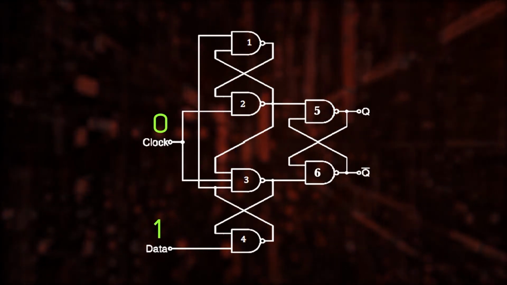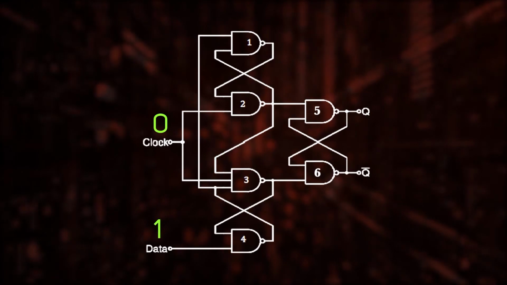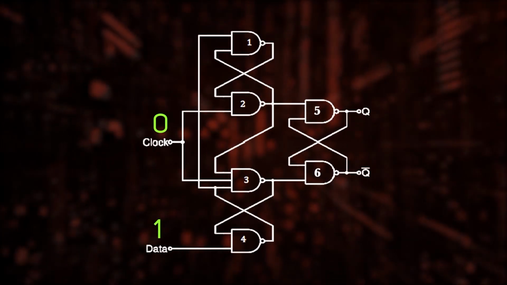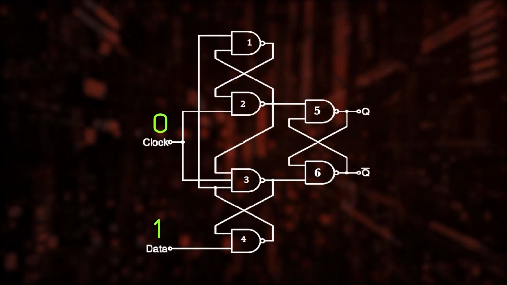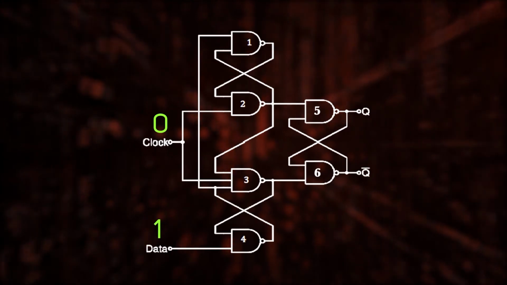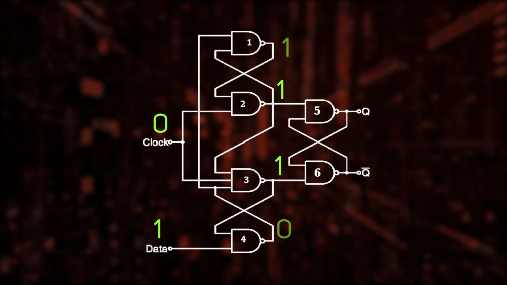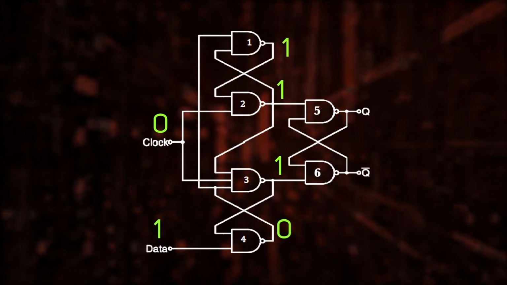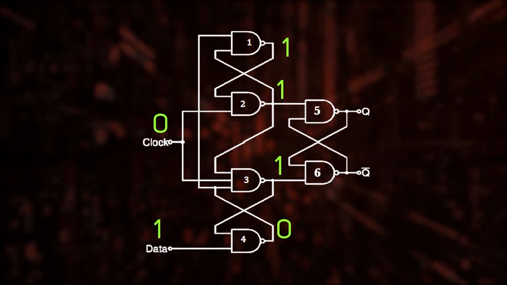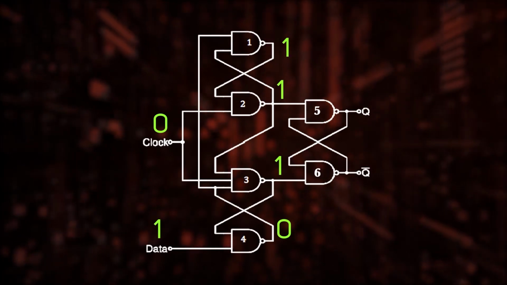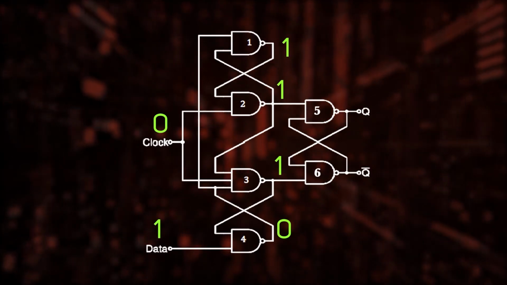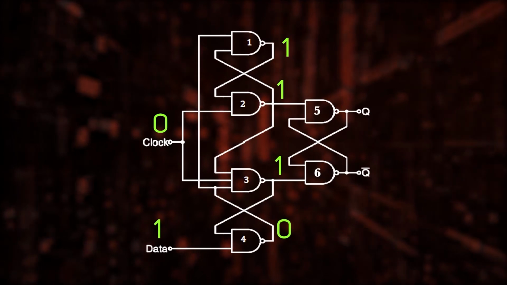Now, what will be the states of NAND gates 1 to 4? Since the clock pulse is 0, it will turn the outputs of NAND gates 2 and 3 to 1. This will in turn change the inputs to the SR latch as 1 again. We can ignore the outputs of the NAND gates 1 and 4 since we have got the input values for the SR latch.